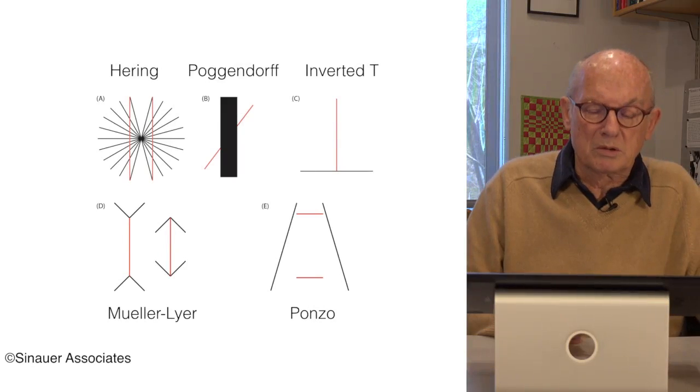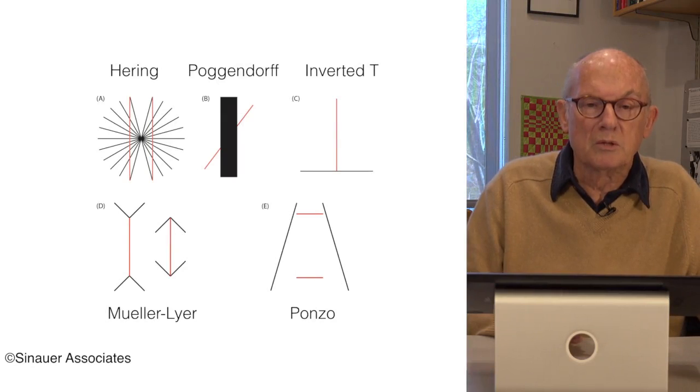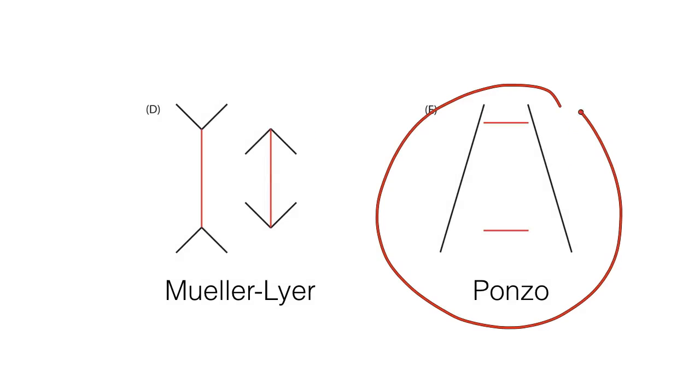Again, Mueller-Lyer was a psychologist in the late 19th century, early 20th century, and his name was attached to this. Same for the Ponzo effect, which is the last of these effects that I want to describe to you.